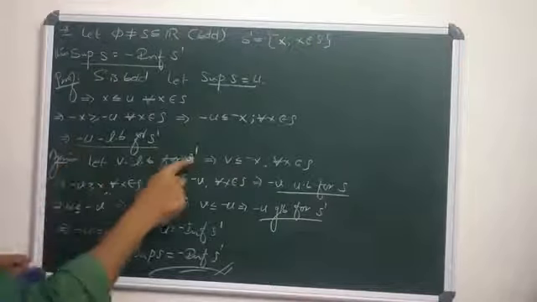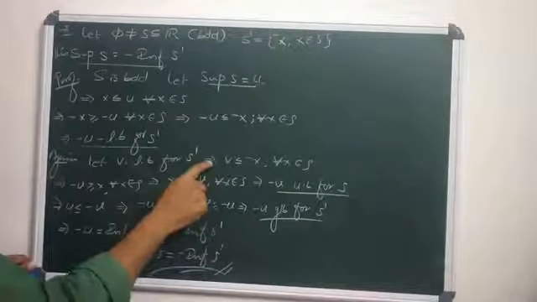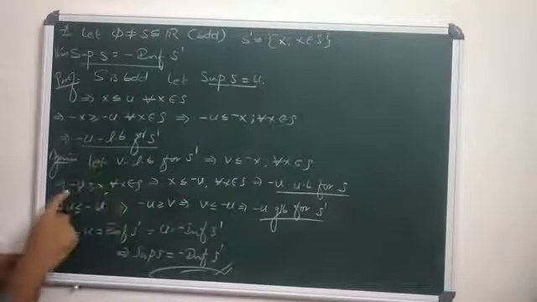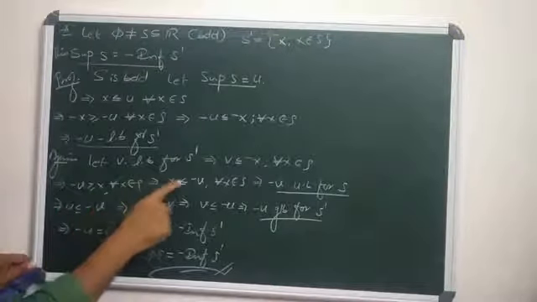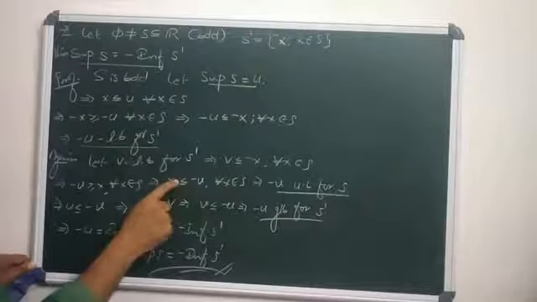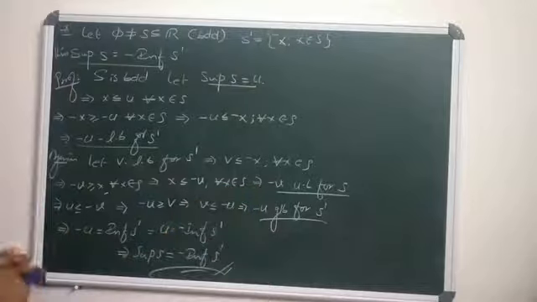Let V be a lower bound for S dash. So by definition of lower bound, V less than or equals minus x for all x in S. Means minus V greater than or equals x, that is x less than or equals minus V for all x in S. That means minus V is an upper bound for S by the definition of upper bound.